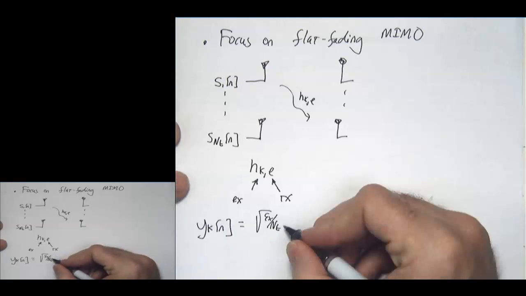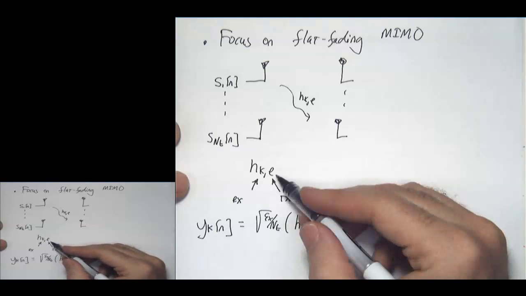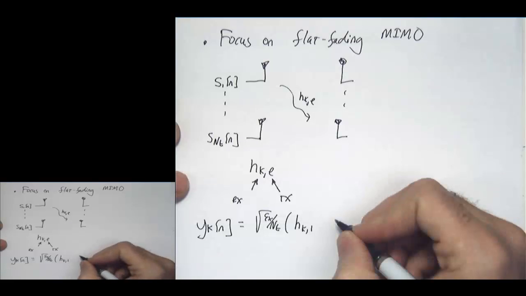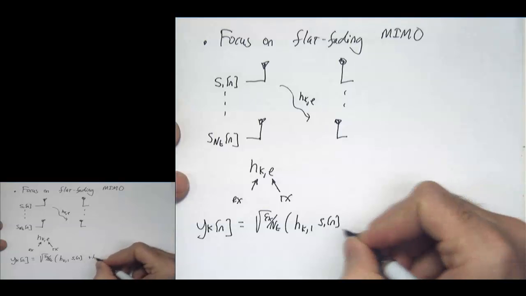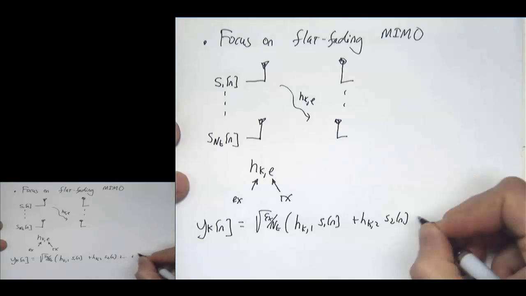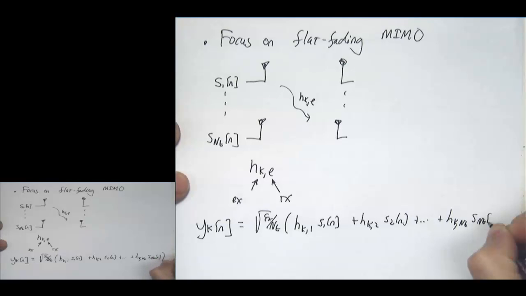So this is going to be square root of Ex over NT, and then we're going to write this like h. So remember, this is receive comma transmit. So we're looking at the kth receive, transmit antenna 1, that's s1 of n, plus h of k comma 2, s2 of n, plus dot dot dot, plus h of k comma NT, s of NT of n here.